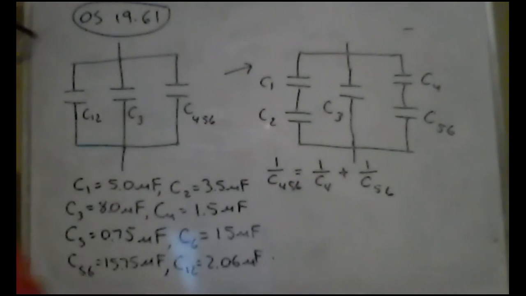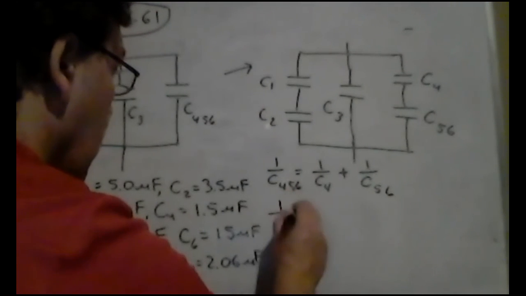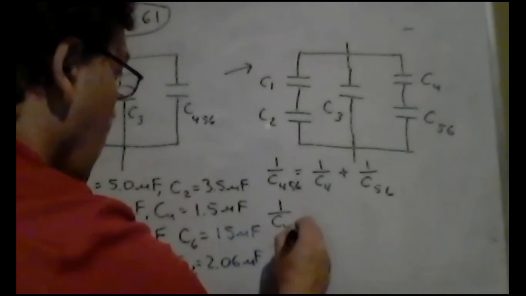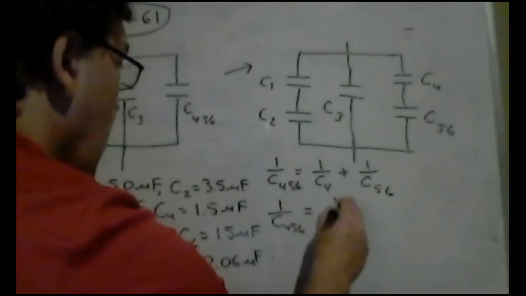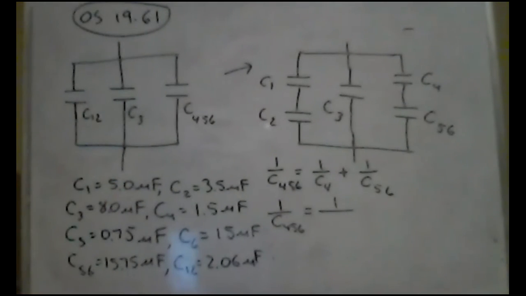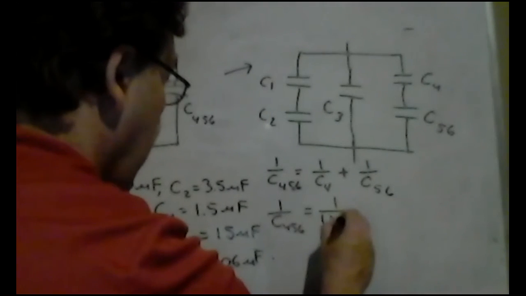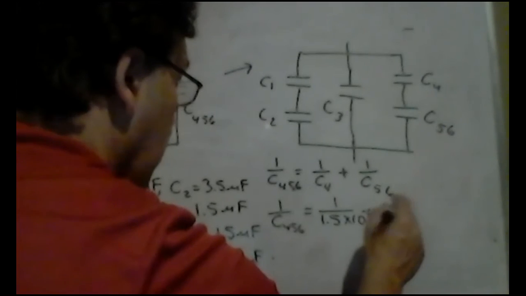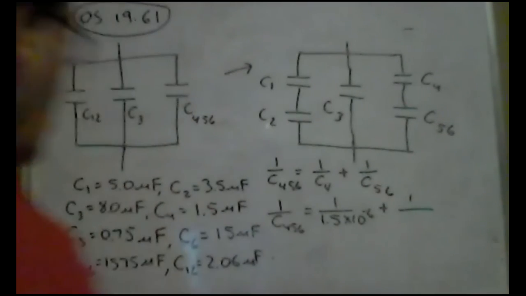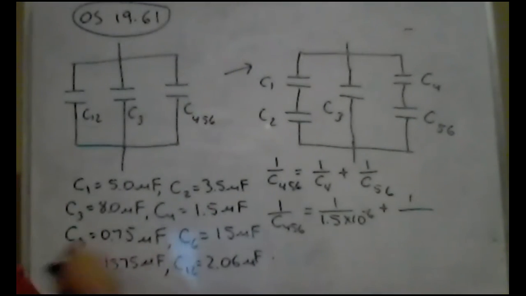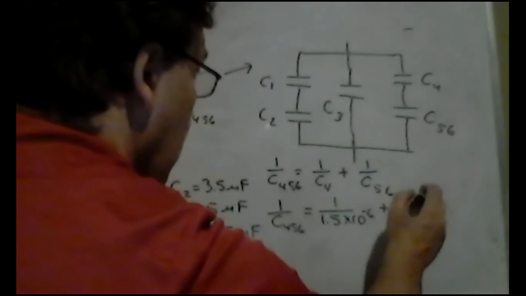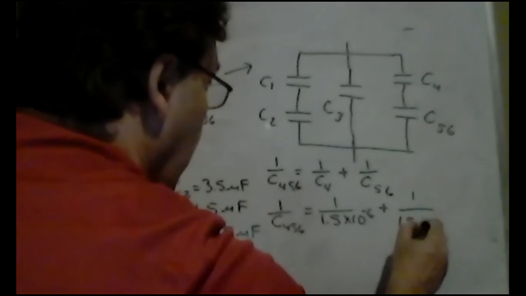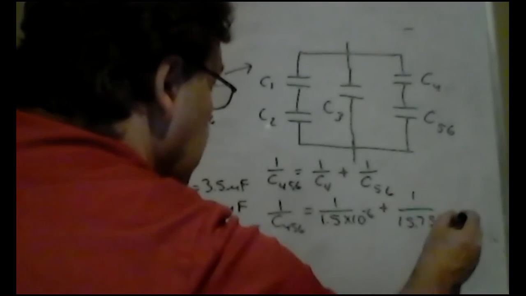So 1 over C456: 1 over C4, C4 is 1.5 microfarads, 1.5 times 10 to the negative 6, plus 1 over C56, 15.75 times 10 to the negative 6.